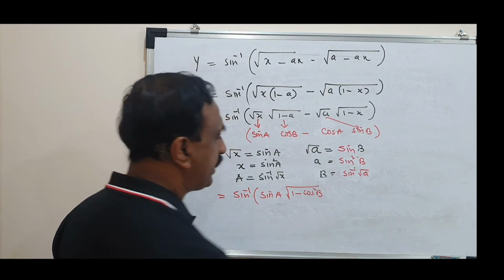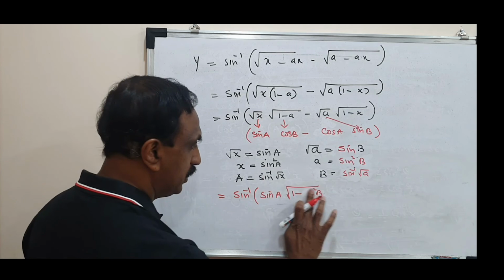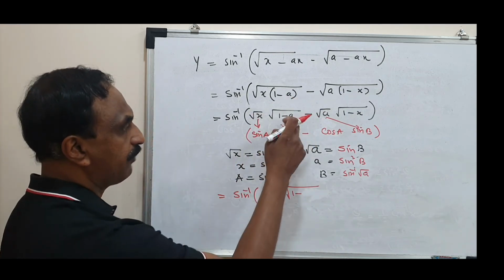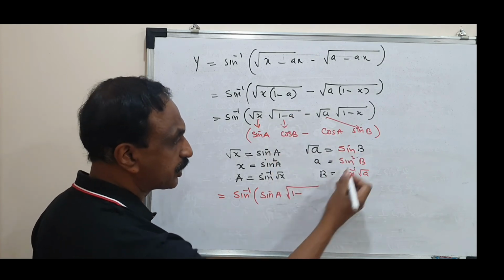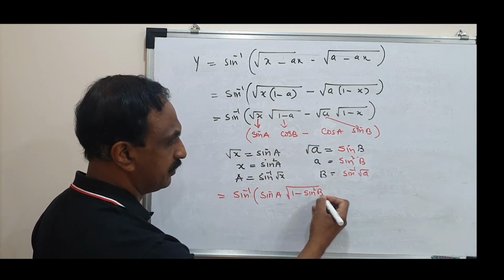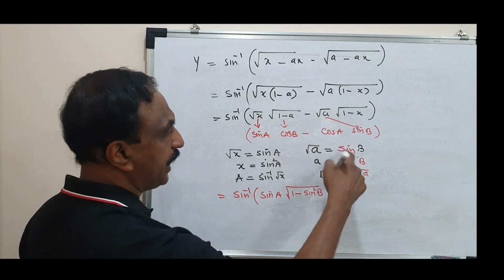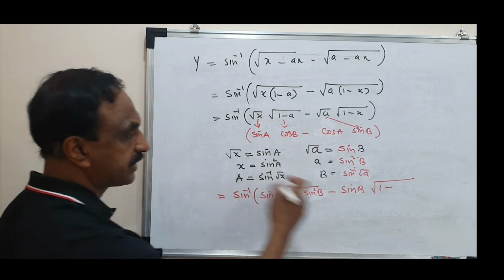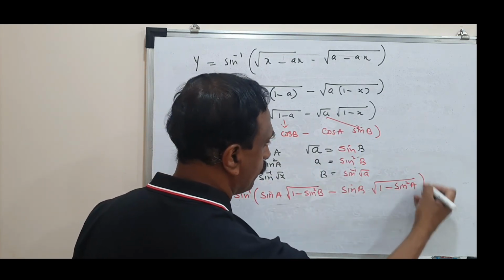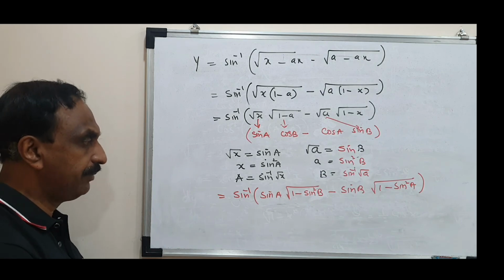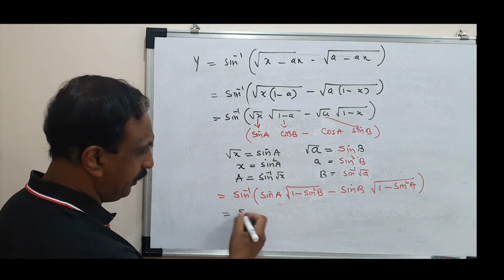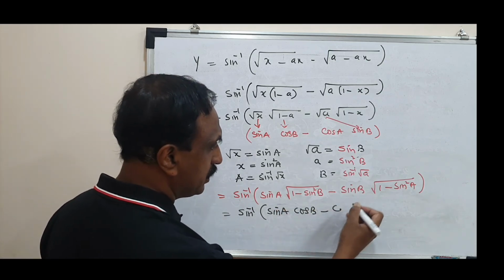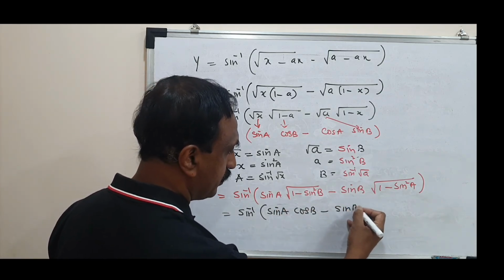I have to every time check whether I am coming to the correct answer, because my intention was sine a cos b. This should become cos b. So minus root a is sine b into root of 1 minus x is sine square a. Now I will get the answer perfectly. So my answer is now sine inverse of sine a cos b minus sine b into cos a.